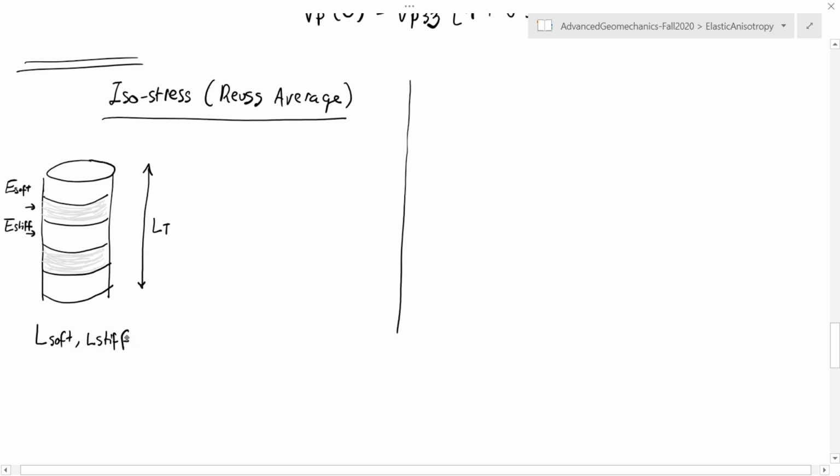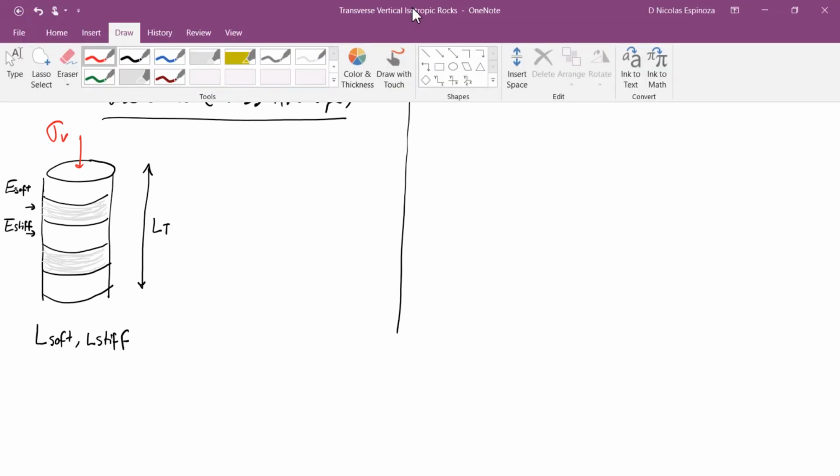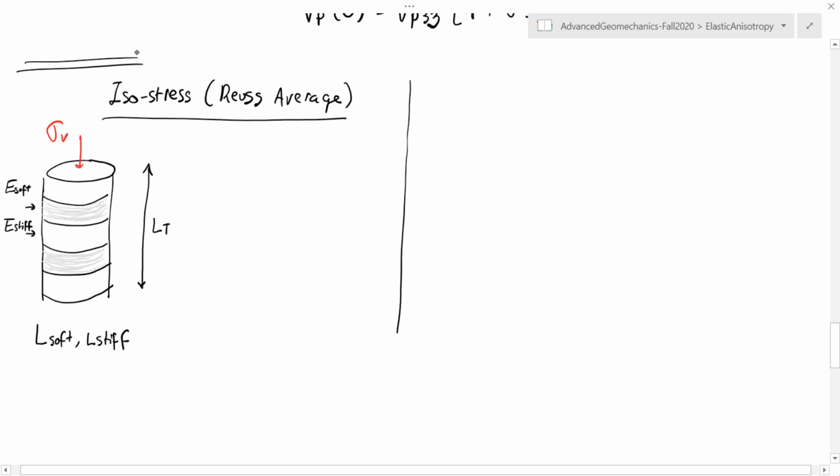Okay, so let us apply a vertical loading. If we apply such loading, for example sigma v, what I'm going to have as a result is a strain in vertical direction. So from the definition of the Young modulus, the vertical Young modulus of this composite rock is going to be equal to the stress applied divided by the resulting strain.